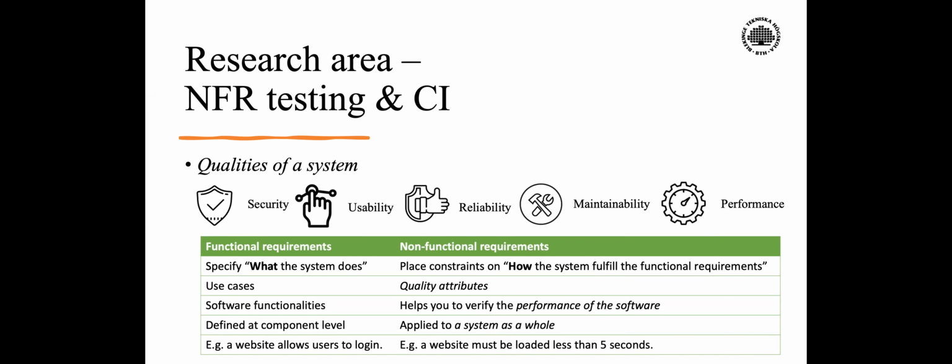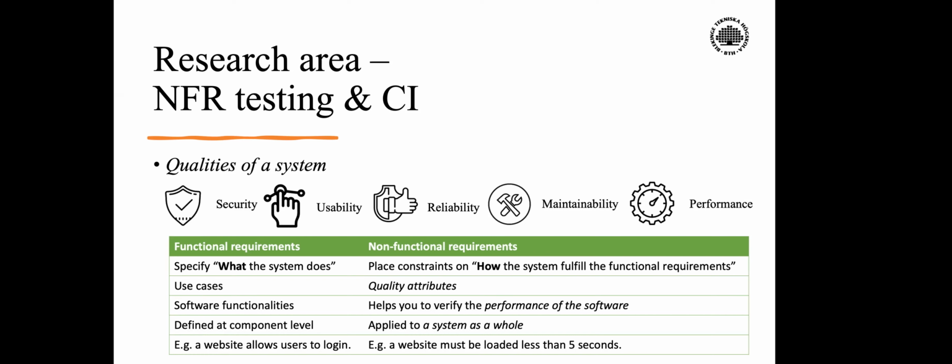So first it's into the research area as NFR testing and CI. I have several types of NFRs here, and also highlight the comparison between functional and non-functional requirements. The functional part is about what exactly the system does.